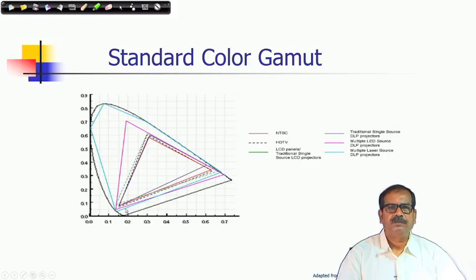One such example has been shown here: a multiple laser source DLP projection, where you can have multiple primaries. We should not call them primary colors in that sense; we should call them color sources whose linear combination produces the other colors. These vertices are showing you this number of colors.